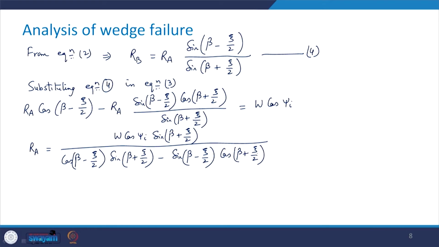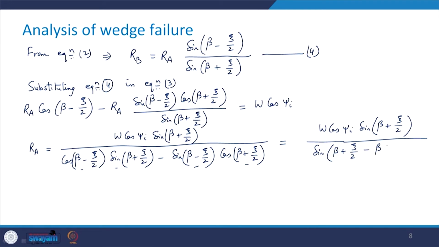Now you see this is of the form of sin A cos B minus cos A sin B, and that becomes equal to sin of A minus B. So I will write it here as W cos of psi i sin of beta plus zeta by 2 divided by sin of A minus B. So A I have as beta plus zeta by 2 minus beta, and this minus minus will become plus, and that is zeta by 2.